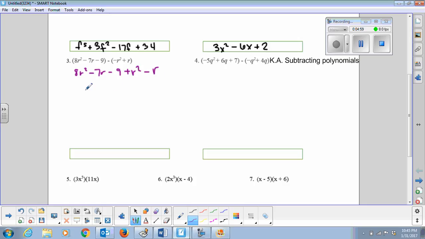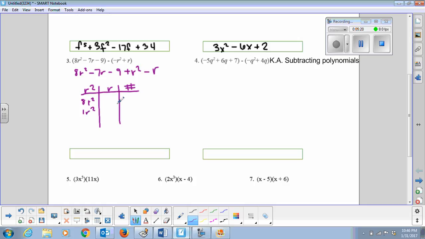So for my groups, we have R squared, R, and numbers. For R squared, I have 8 and I have the 1 right here. So instead of just positive, I am going to include that 1.